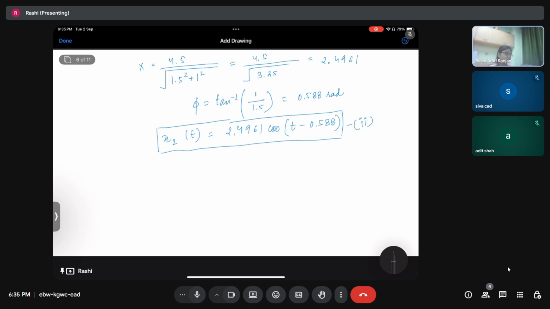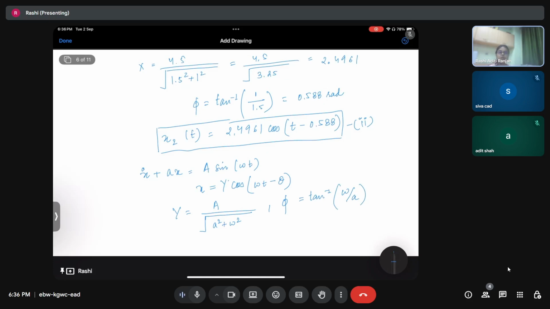Now similarly, as we did for the cosine function, if I have an equation of the form x dot plus ax is equal to b sine of omega t, then we have x as Y cos of omega t minus phi, where this is not capital X, this is Y. Here the only difference is that Y is going to be b by under root of a square plus omega square, and phi is going to be the same, tan inverse of omega by a.